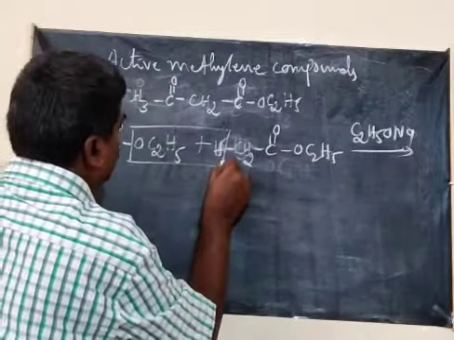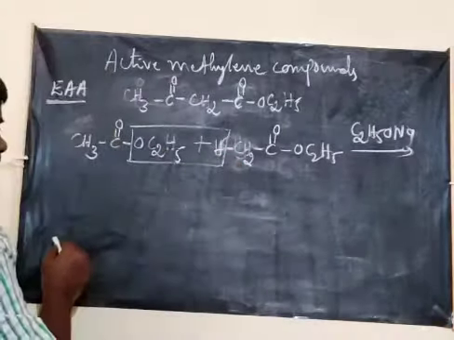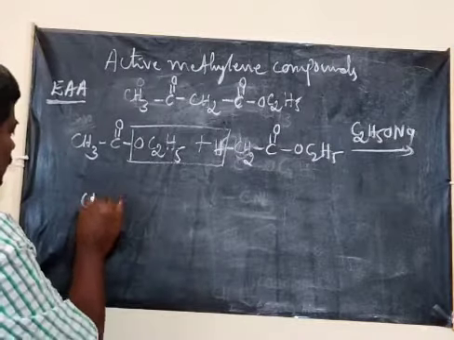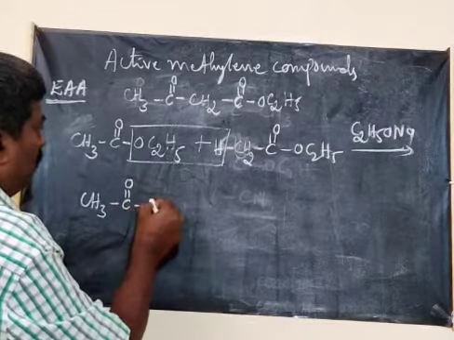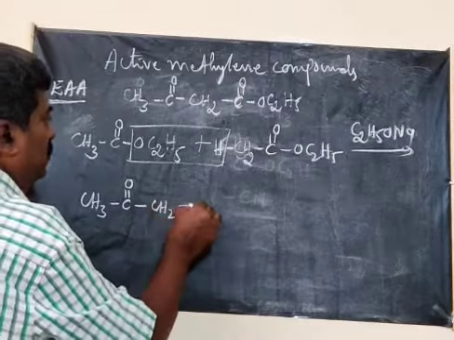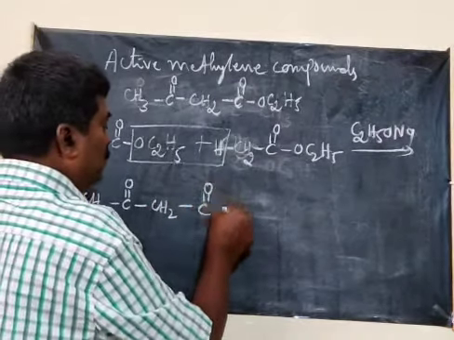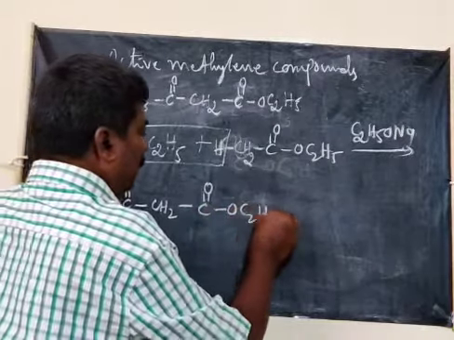Elimination of one molecule of ethyl alcohol takes place to form this molecule: CH3, C=O, CH2, C=O, OC2H5.